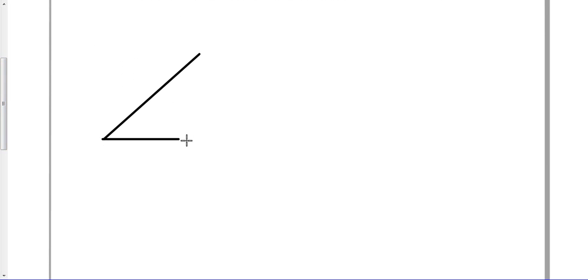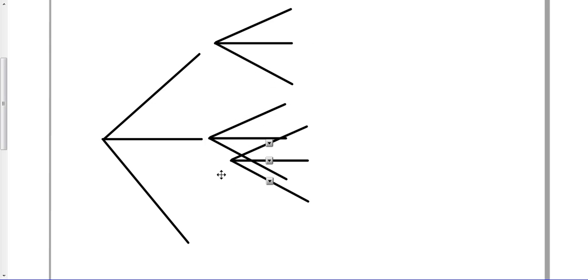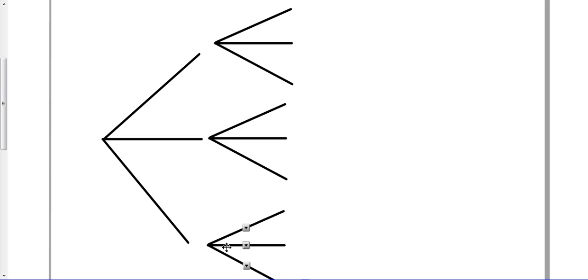Orange, red, yellow, and then from here I've got 3 choices. Another 3 choices, and the final 3 choices.